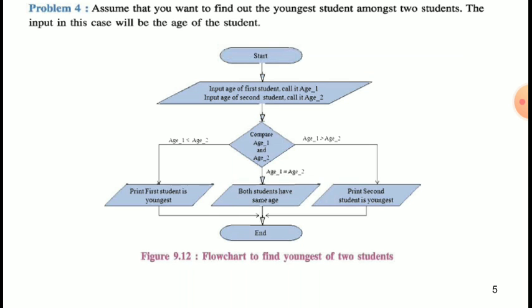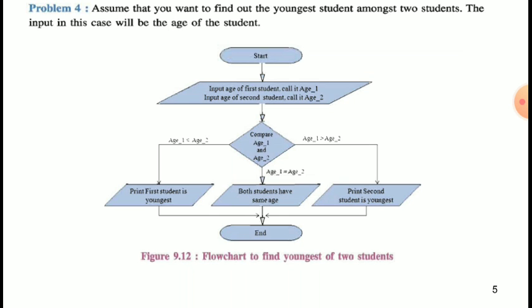So if age 1 is less than age 2, print first student is youngest and then end. And if age 1 is greater than age 2, print second student is youngest. Otherwise age 1 equals age 2, that means both students have the same age, and then ending. So that is a flowchart to find the youngest of two students.